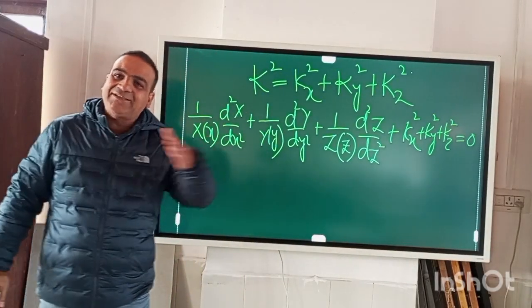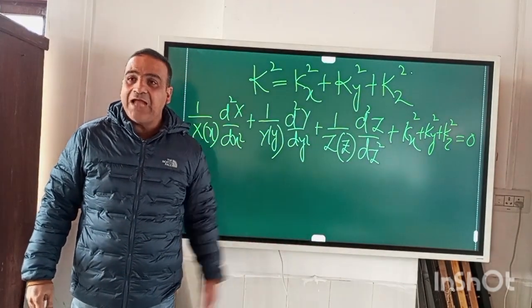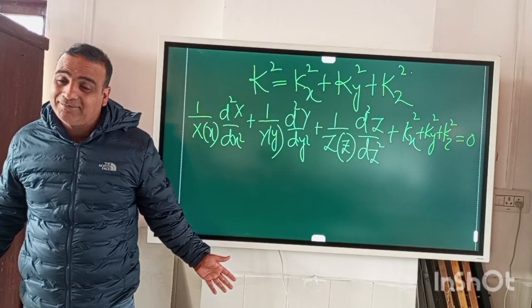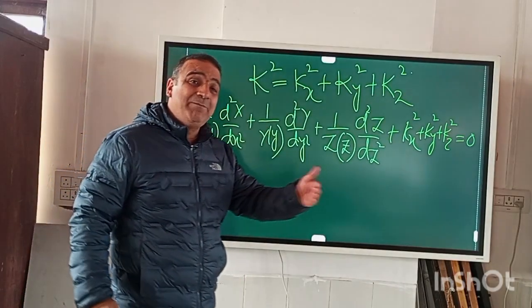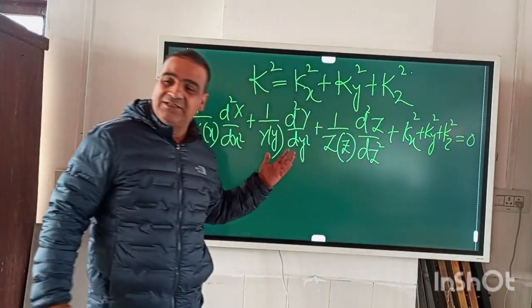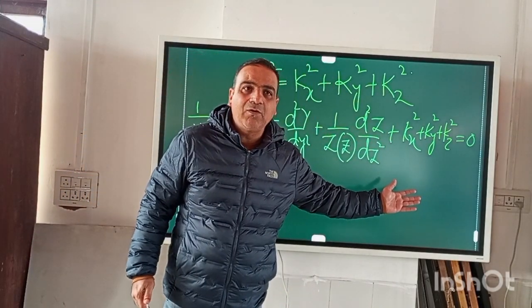Now you have the left hand side of the equation, and what is the right hand side of the equation? The right hand side of the equation is 0. So how will this equation make sense so that the result of the left hand side is equal to 0?